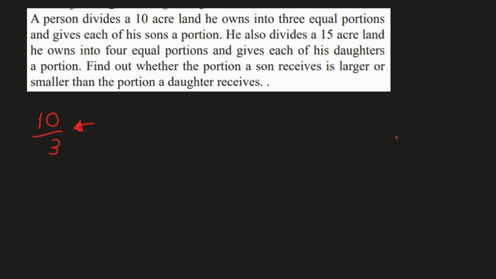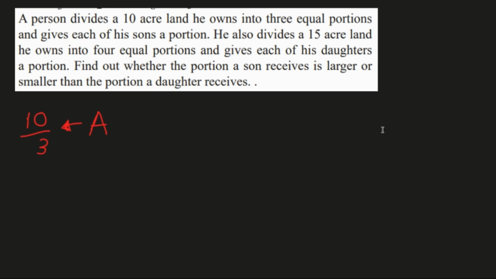Let's imagine that he divides those three parts among three different people. So one person will get 10 upon 3 parts. Let's say that this 10 upon 3 part is received by a son.